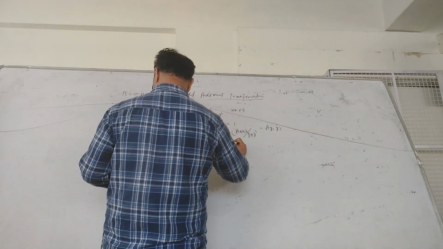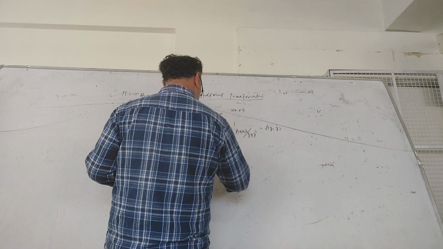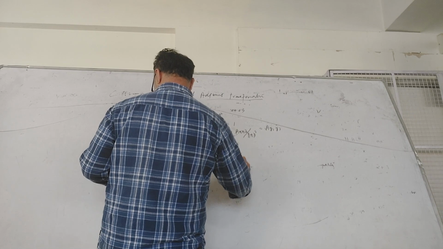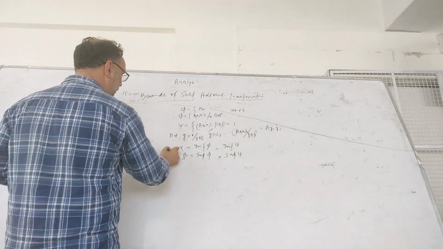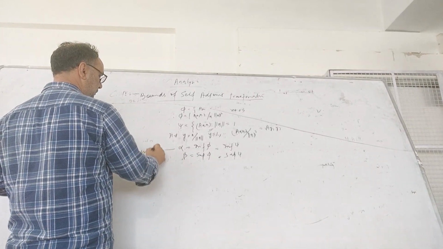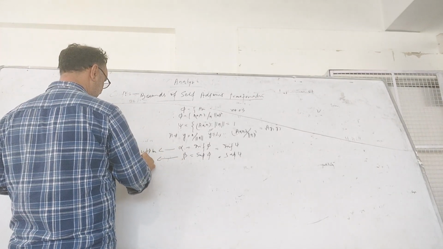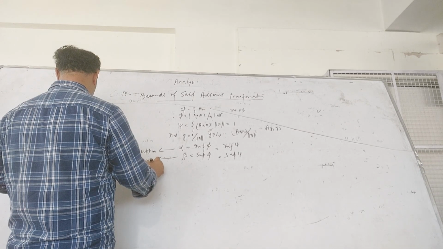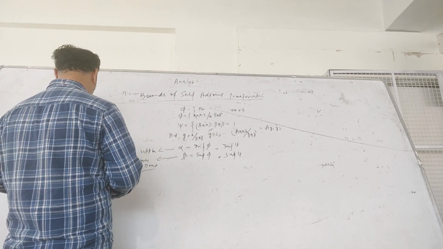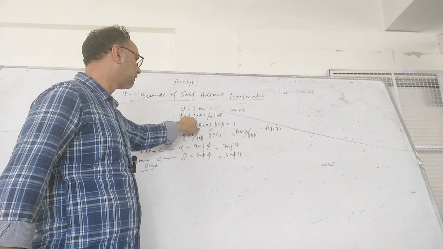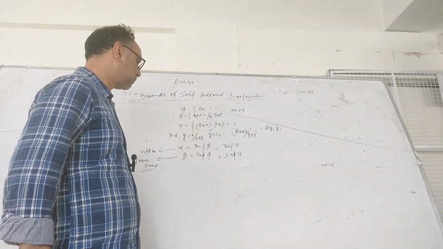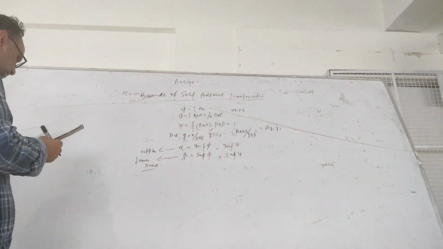So infimum of psi and supremum of psi, where alpha is the lower bound and beta is the upper bound of that self-adjoint transformation A, for which that inner product space is defined.